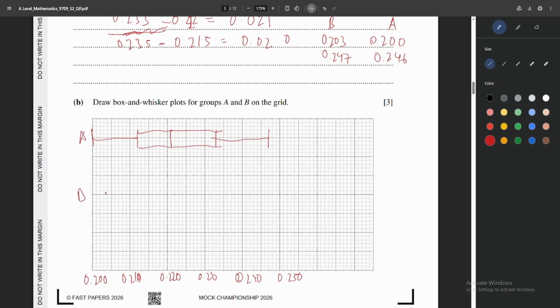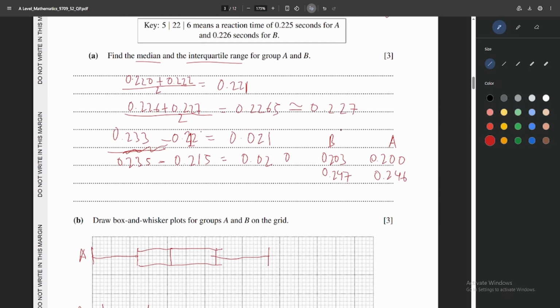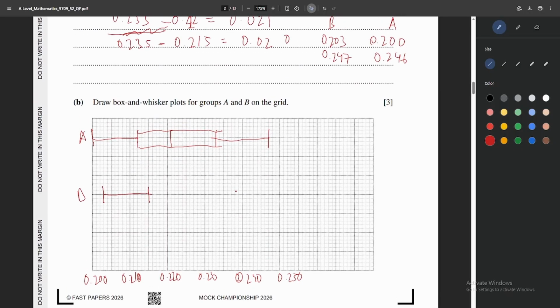And for B, the minimum starts at 0.203, so over here is this line, and then the Q1 is 0.215, in the center here, and the median is 0.227. So this, and Q3 is 0.235.